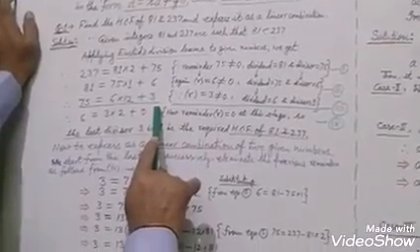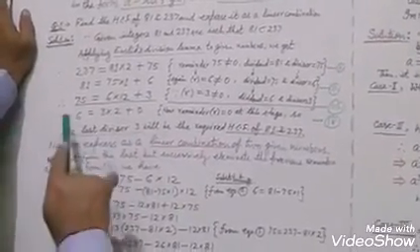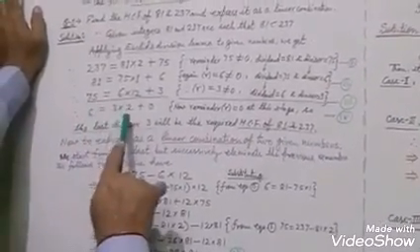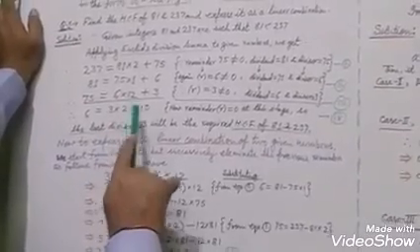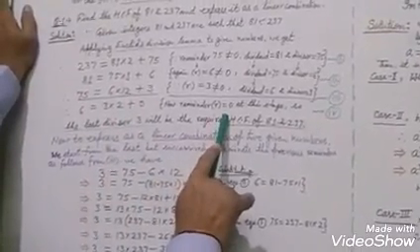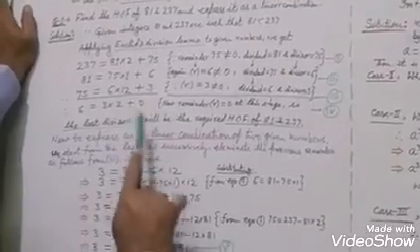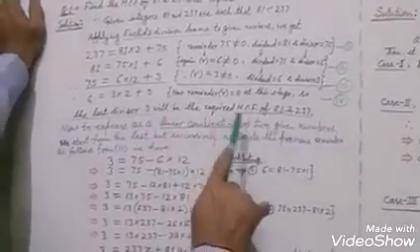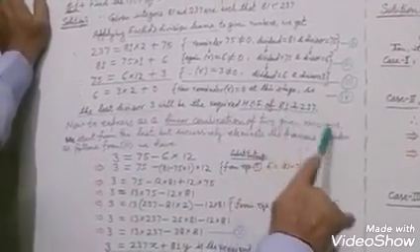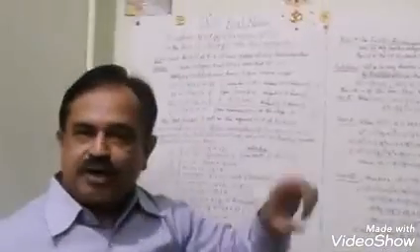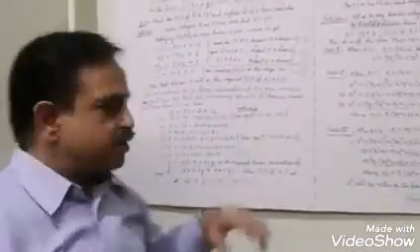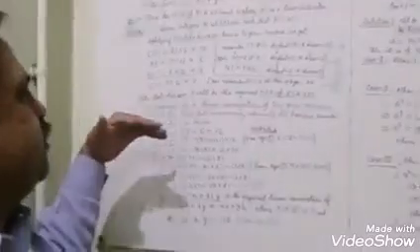Now when we again divide 6 by 3, it is divisible 2 times. So now the remainder is 0. At this stage, the last divisor is 3, which will be the required HCF of both the given numbers 81 and 237. Got it? Now the second part of this problem.